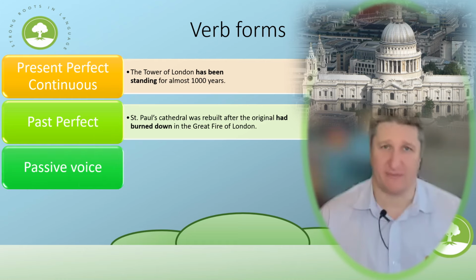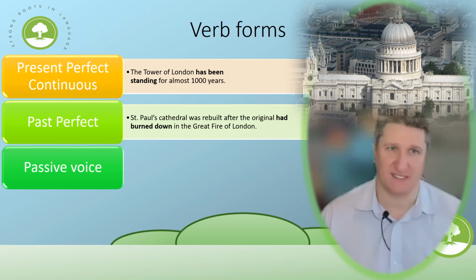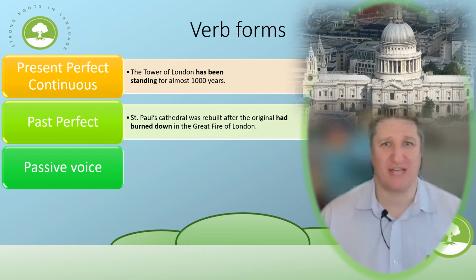You should also be familiar with the passive voice, especially in the present and past simple tenses. This is where the subject has the verb done to it by the object. An example in the present is Admiral Lord Nelson is buried in St. Paul's Cathedral.